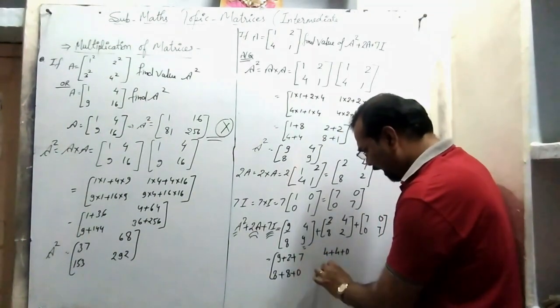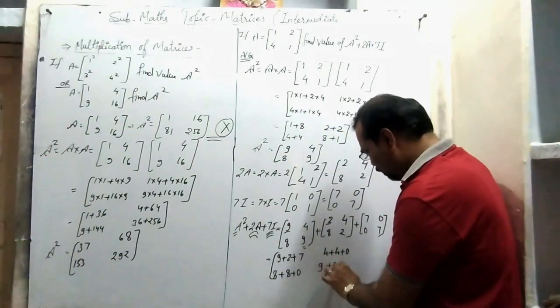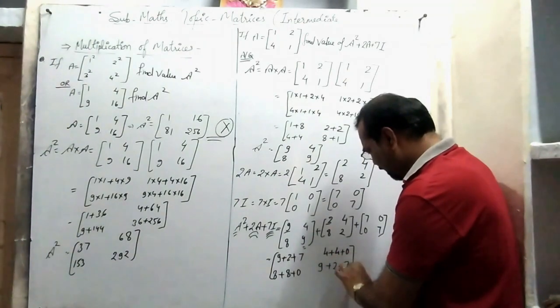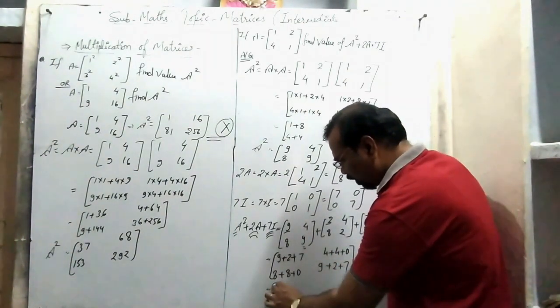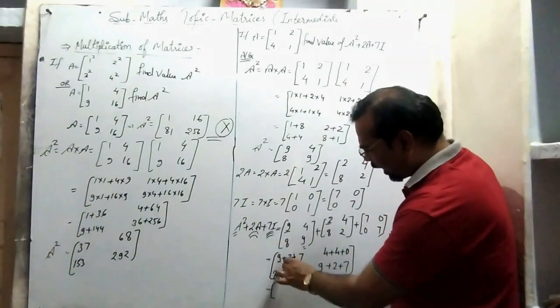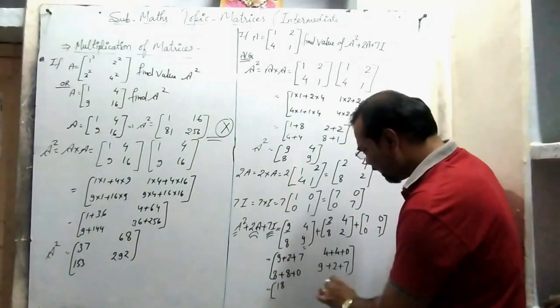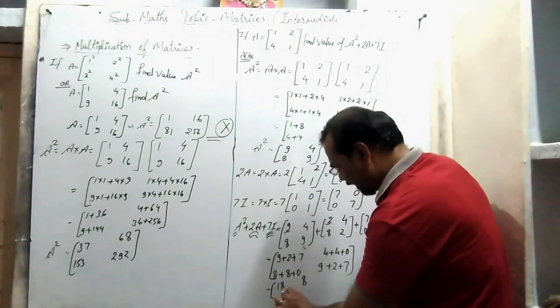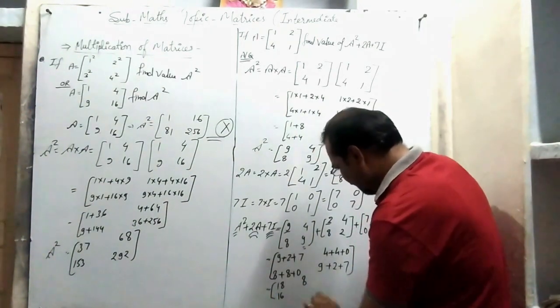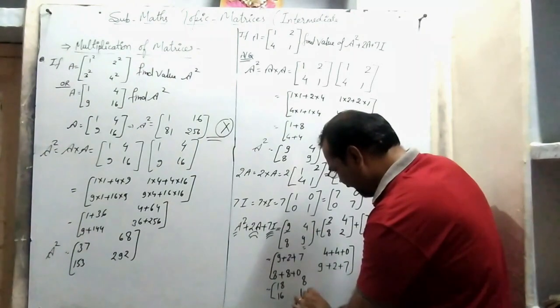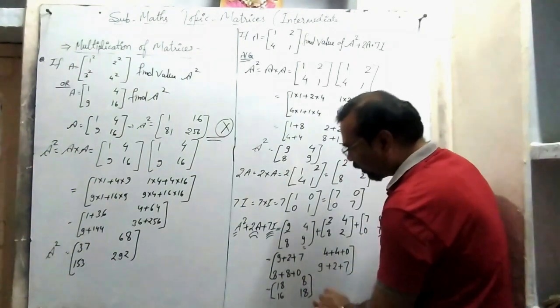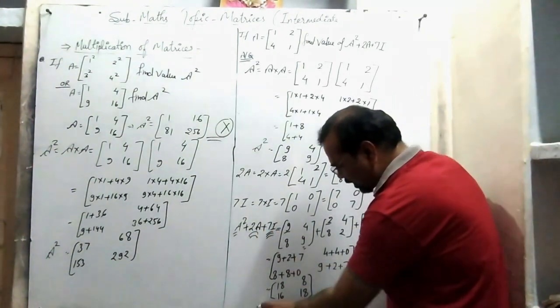Then 9 plus 2 plus 7. Okay, we have to calculate it. 9 plus 2 plus 7 is 18. That value is 8. Here it is also 16. And that value is also 18. That is the value of A square plus 2A plus 7I.